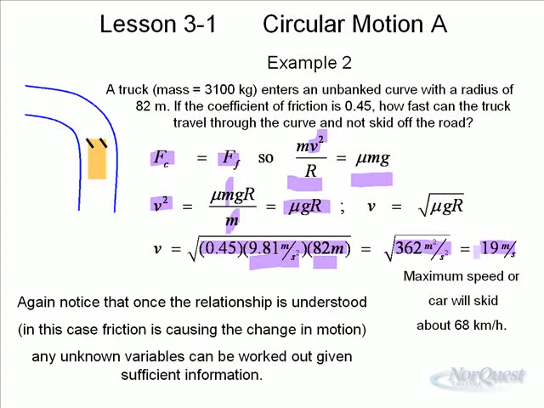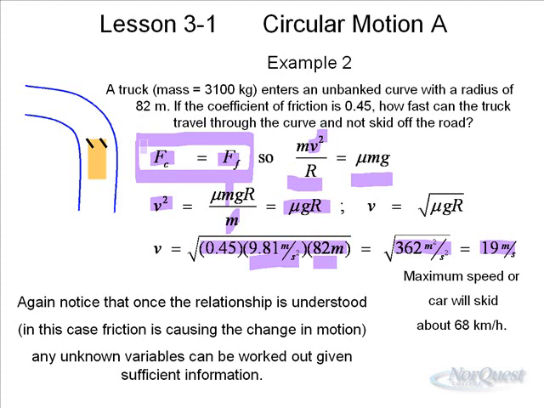So again, notice that once the relationship is understood, once we understand that centripetal force is being caused by friction, and we know the formulas for both centripetal and frictional force, then we can put them together and solve for just about any unknown. In this case, we solved for maximum speed. We could have solved for what's the smallest radius that the car can go through without skidding.